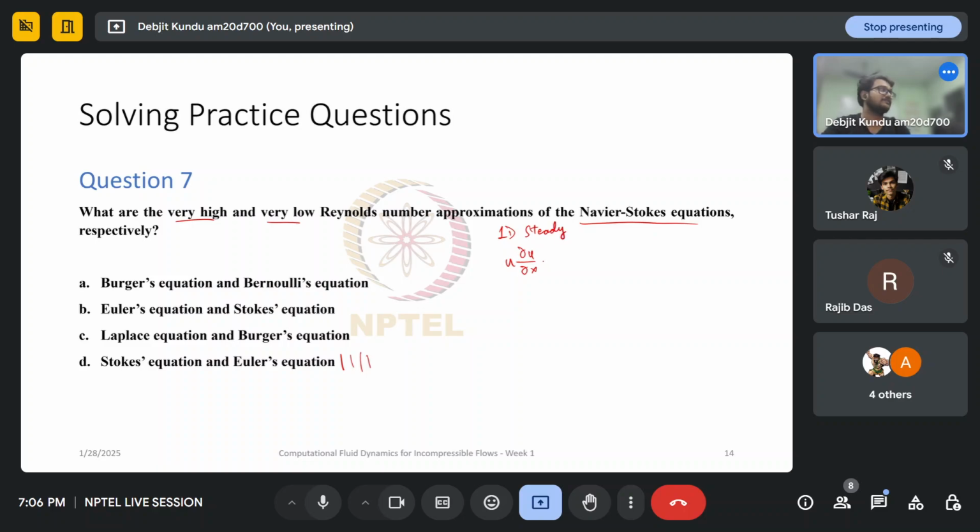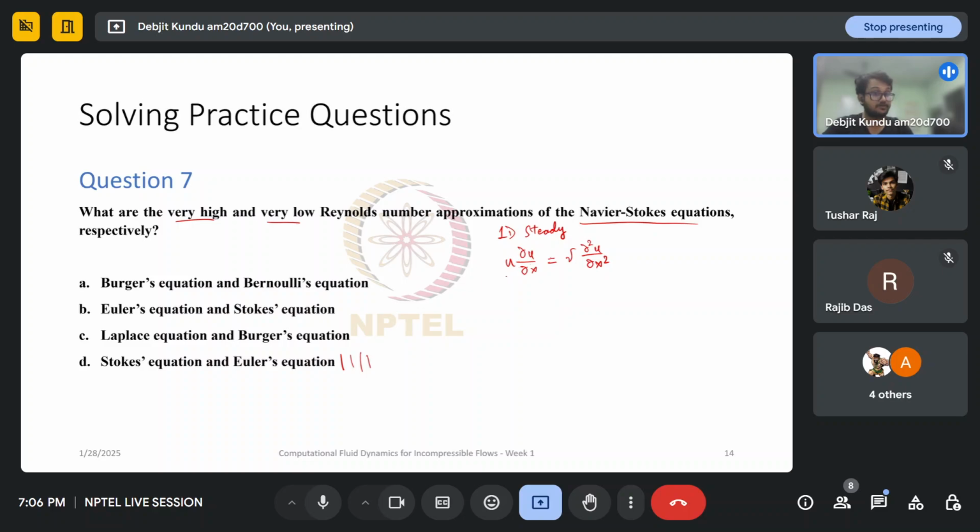We have u ∂u/∂x equal to μ ∂²u/∂x². If there is a pressure term, then I'll have ∂p/∂x as well, but let's forget this for now. So I have 1D steady state Navier-Stokes equations.